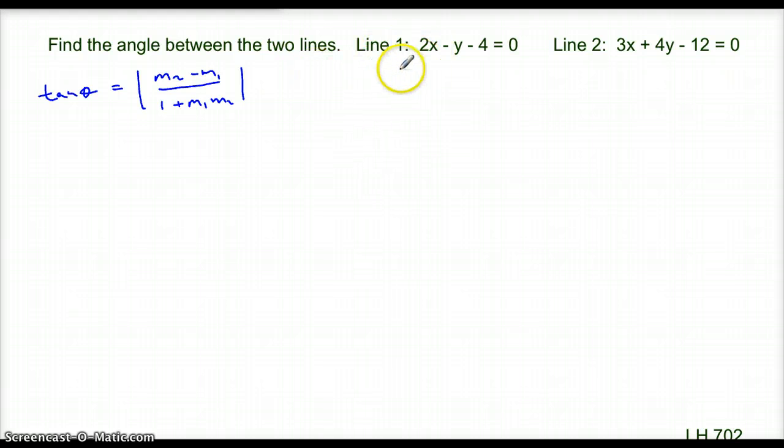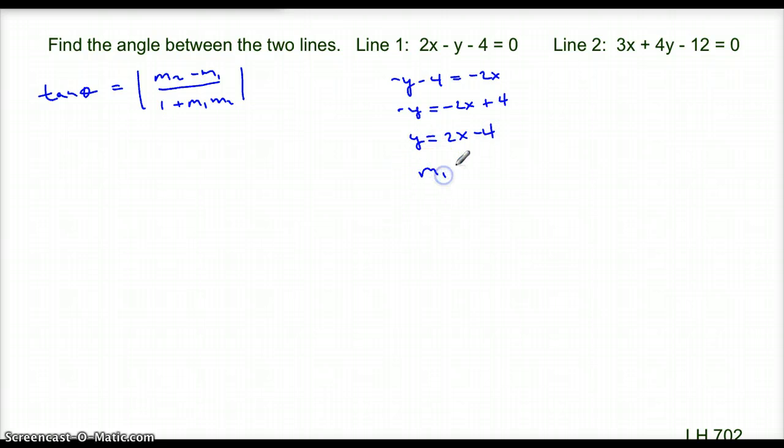Okay, so let's get m1. We have to solve for y. If I subtract 2x from both sides, I get negative y minus 4 equals negative 2x. I'm going to add 4: negative y equals negative 2x plus 4, and then divide by negative 1 to get y equals 2x minus 4, and therefore m sub 1 is equal to 2.